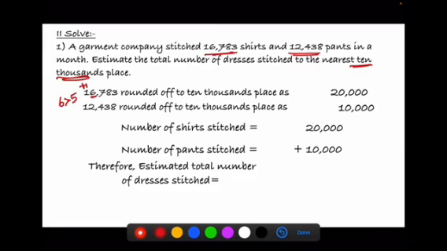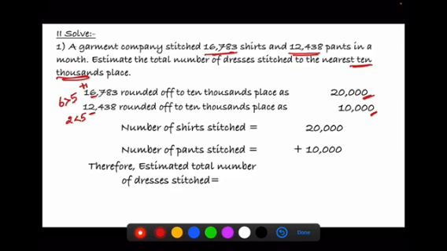So when we add 1 to the 10,000s place and replace all other digits with 0, what I get is 20,000. Next number is 12,438 rounded off to the 10,000s place. What we get is 10,000, because here the thousands place 2 is less than 5.